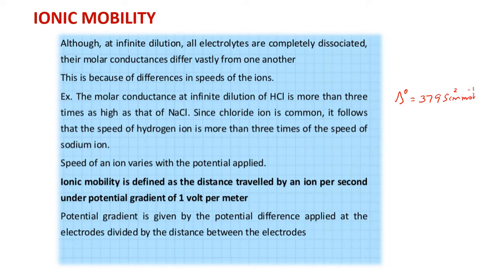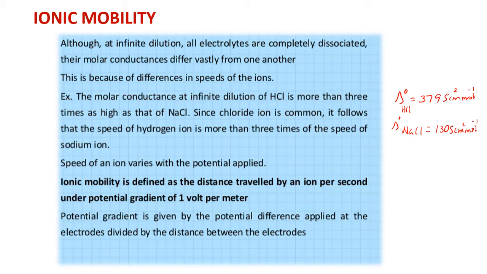Whereas if you consider the lambda 0 value of NaCl, its value is only 130 Siemens centimeter square mole raised to minus 1. So it can be seen the molar conductance at infinite dilution of HCl is almost 3 times that of NaCl.